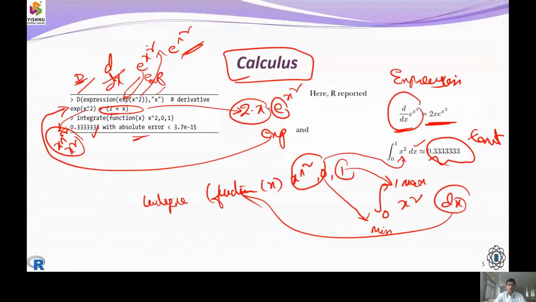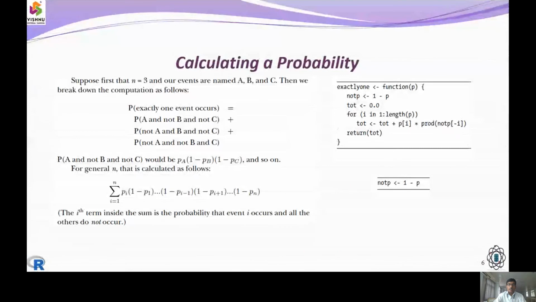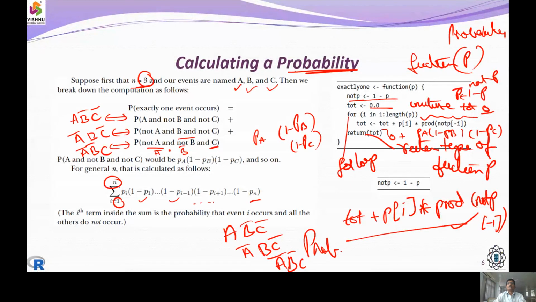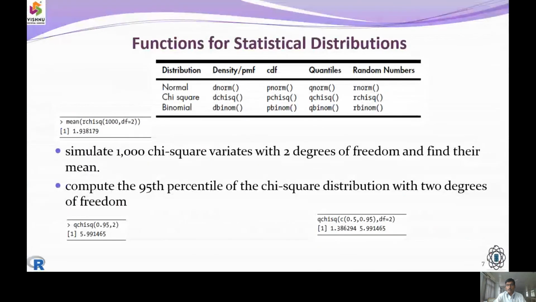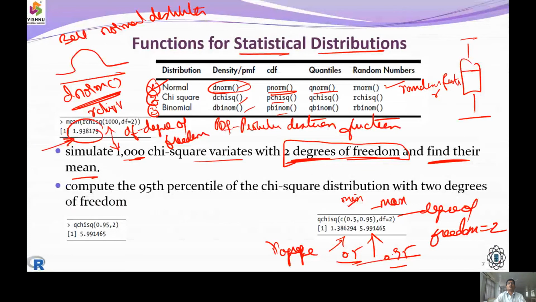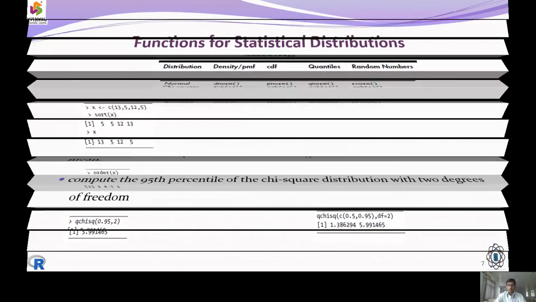Then it is supporting calculus, where the derivative part and the integrative part are going to be represented as formulas in our language. Then a probability is also notated with equations, P of A into 1 minus P of B into 1 minus P of C. And the statistical distributions with normal, chi-square, or binomial are defined with various functions like dnorm, chi-square, binomial, and quantiles with upper, lower, and random numbers with rnorm, chi-square, and binomial.